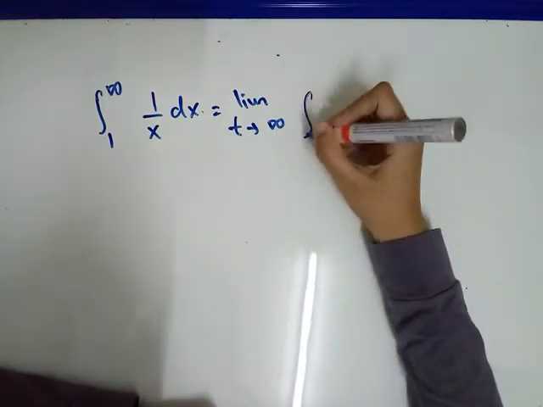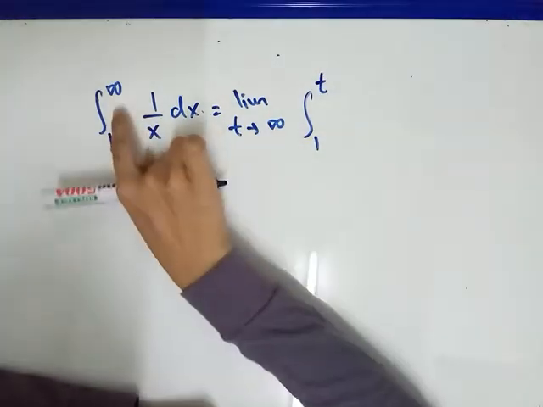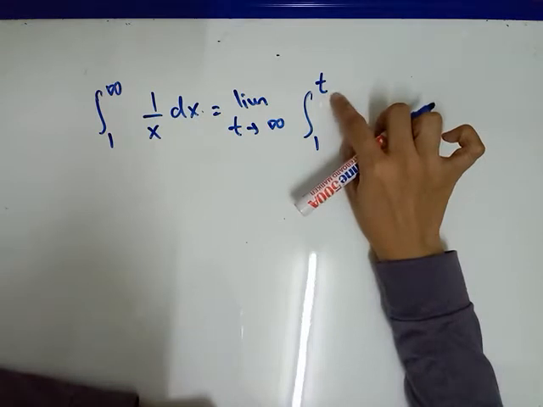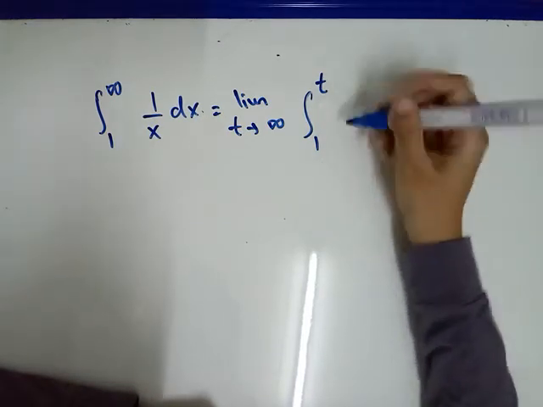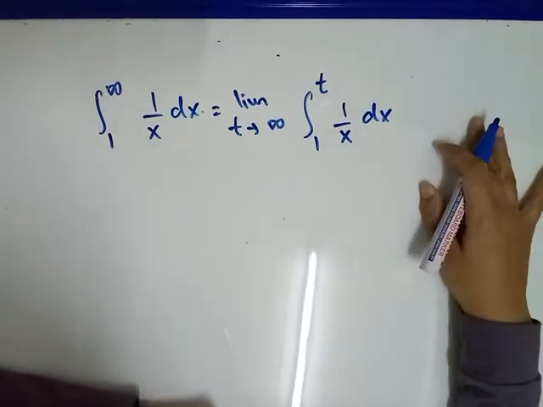Then integrate from 1 to t, replacing the infinity with t. And then the integral of 1 over x dx.